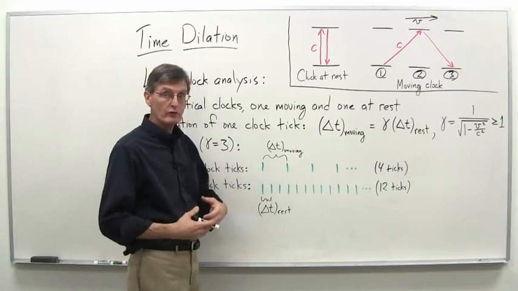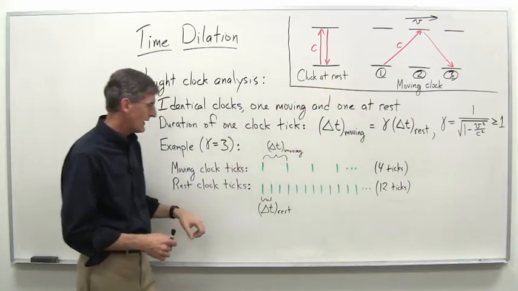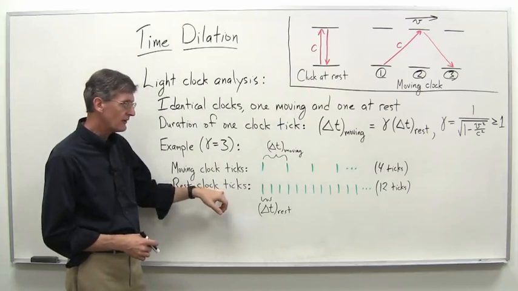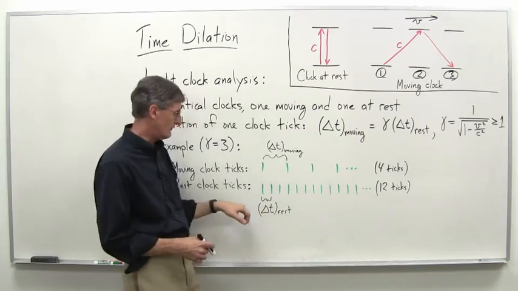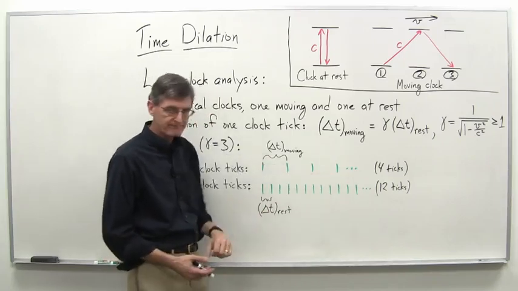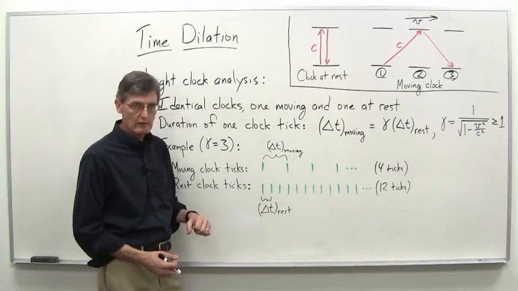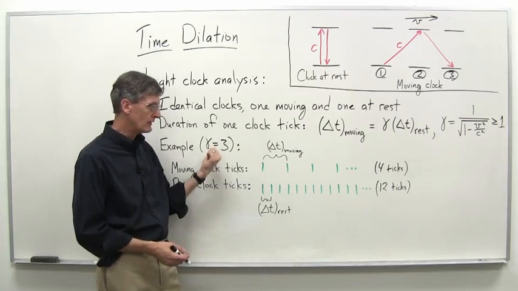What would be the corresponding elapsed time on Alice's clock as he observes it going by? And we can see this right here is that, the way I've drawn it here, I've got 12 ticks of his rest clock, is going to equal 4 ticks of the moving clock.